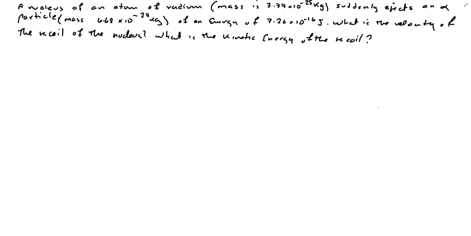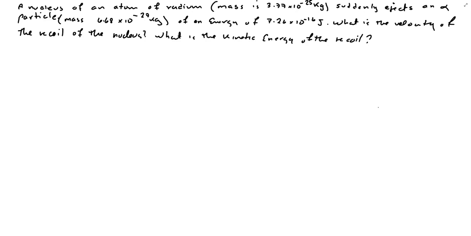In this case, we're going to solve two exercises involving problems in linear momentum. The first exercise says that a nucleus of a radium atom with a mass of 3.77 times 10 to the negative 25 kilograms suddenly ejects an alpha particle.